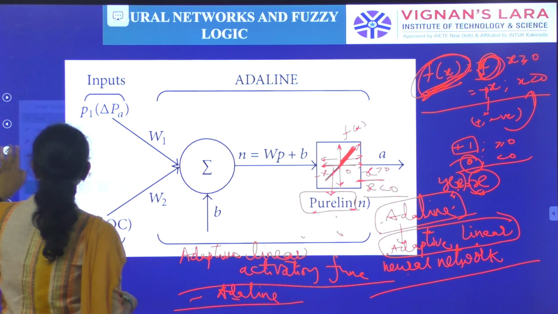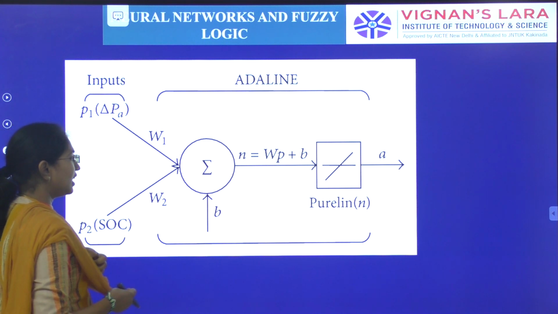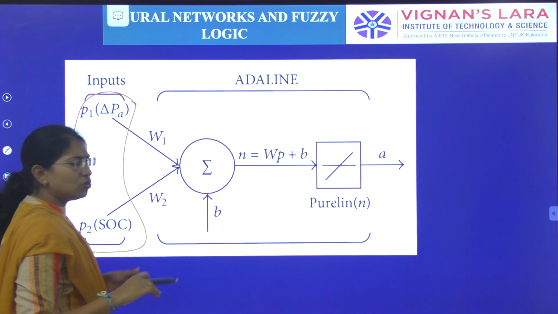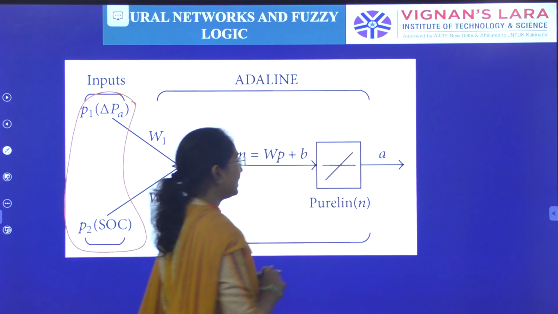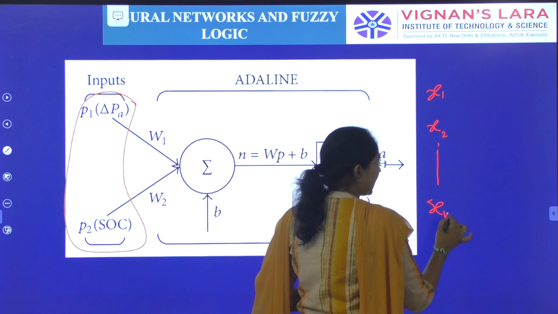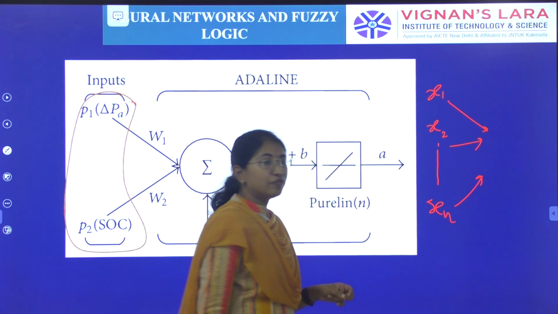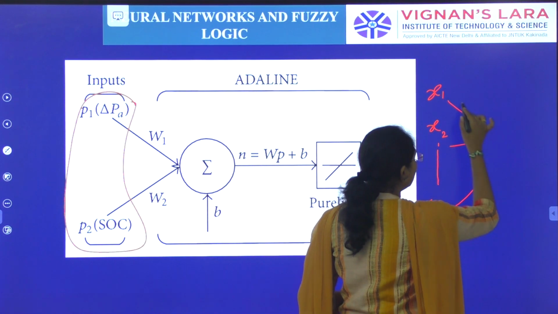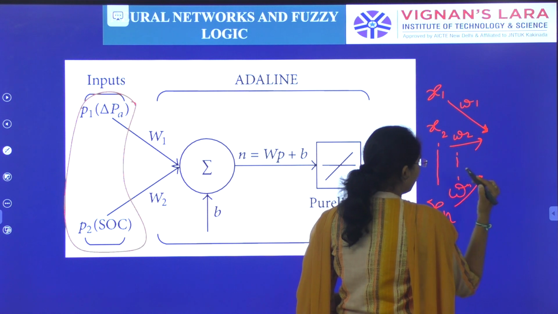Now coming to the structure of the neural network. Basically, a neural network consists of inputs. Not only P1, P2, you can consider n number of inputs. Let us consider x1, x2 and so on, xn as the inputs which are being fed to the neuron through synaptic weights W1, W2 and so on Wn.